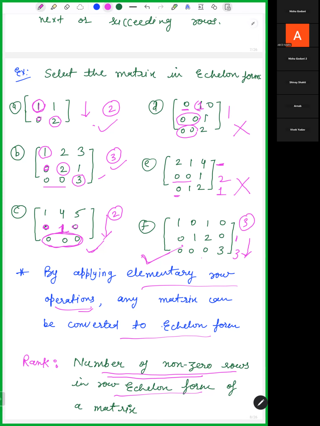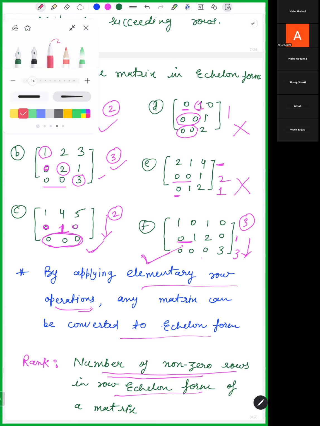Sairam is saying matrix F does not have the pattern of increasing zeros, right, as we move from row 1 to row 2 and then further to row 3. Why not increasing? You can see that in matrix F, you have 1 zero before this one. Don't count the zeros after a non-zero number.